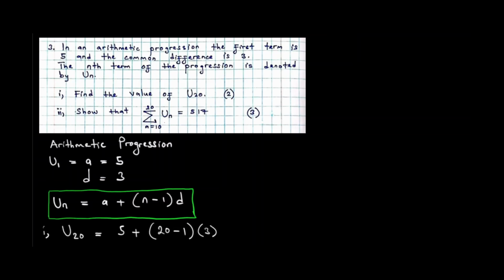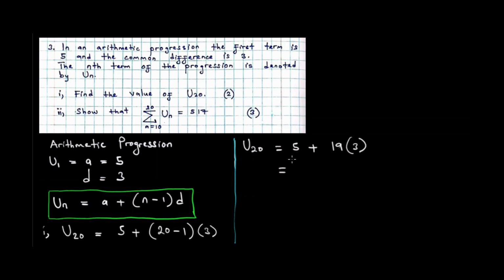Okay, so let us demarcate here so that we can continue our work on this side. So the 20th term is actually equal to 5 plus 20 minus 1, which is 19. So it's 5 plus 19 times 3.